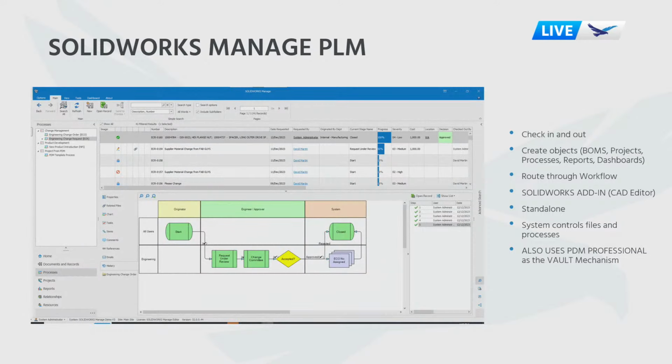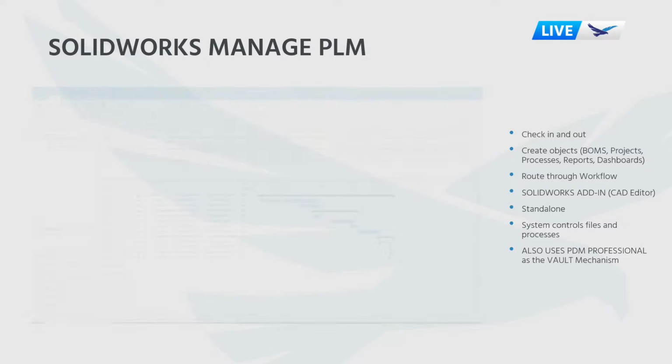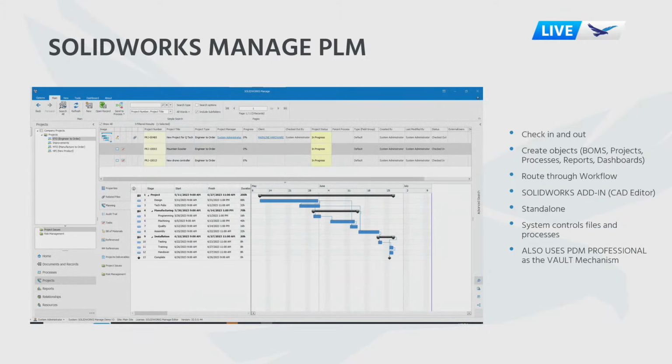But then I start to take advantage of all the other things that I want to develop and grow into. So if I am going to develop more advanced processes to get into those other departments and handle their people tasks or what have you, maybe I'm going to start to get into things like project management. This is really nice from a deliverables perspective because I might have CAD files or simulations that I'm running and I need to account for the time that's imposed on the CAD files themselves.